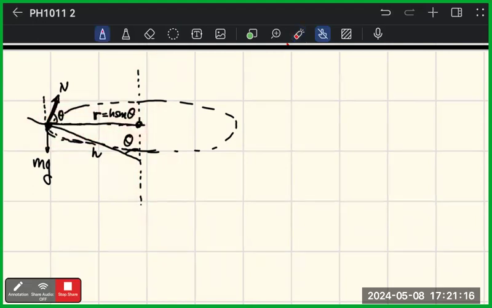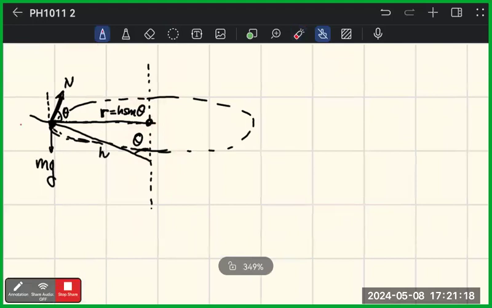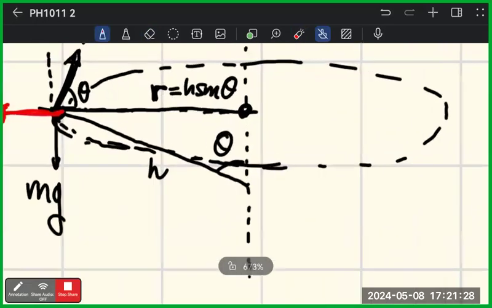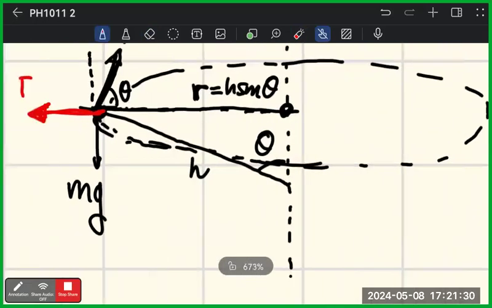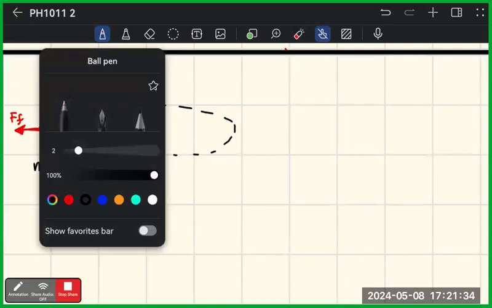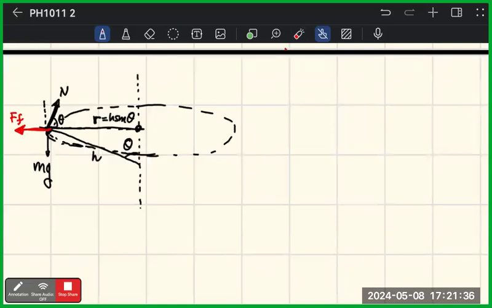The fictitious force is going outwards in the radial direction, which is here. Okay, it's very easy to understand. It's the fictitious force. So it is easier to do it this way.